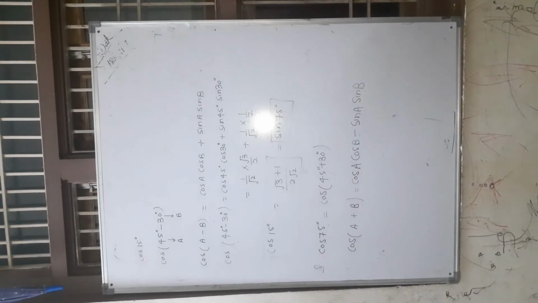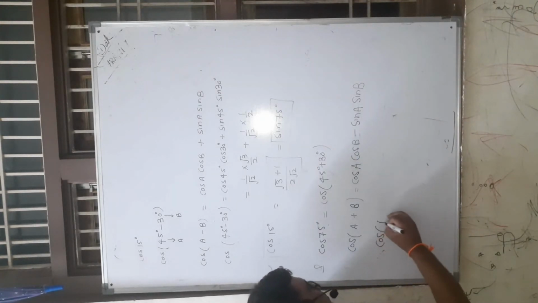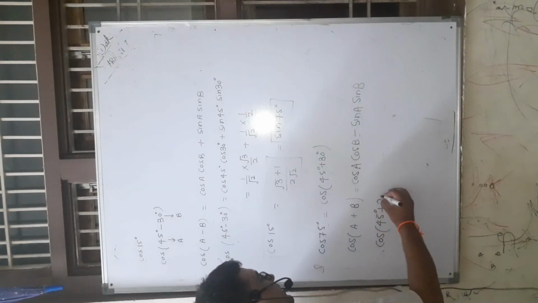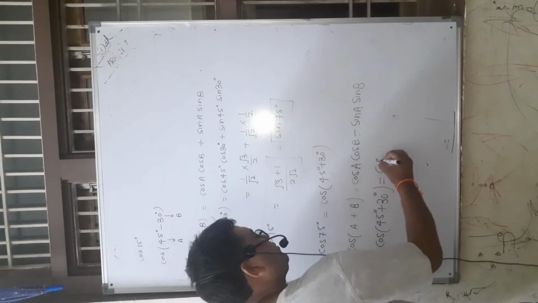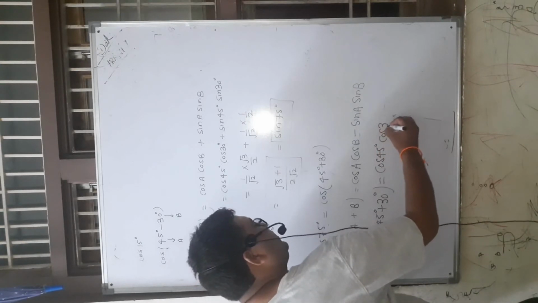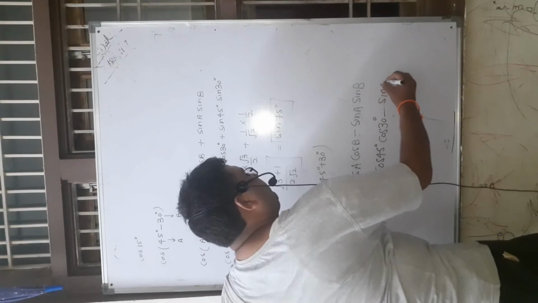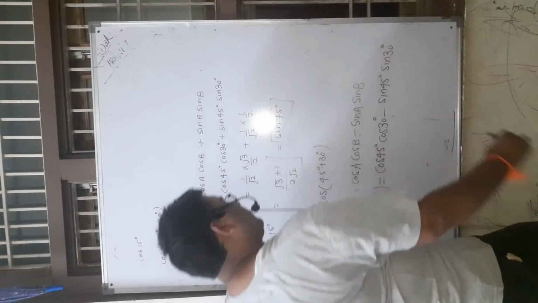So write down cos 45 cos 30 minus sin 45 sin 30.